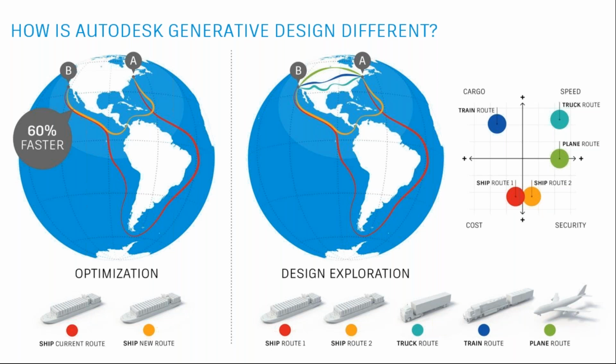So in terms of transportation, that would be the same as including, for instance, a truck route, a train route, and a plane route. So what you see there on the graph towards the right-hand corner is that each one of these different methods is going to have different costs associated with them. They have different security associated with them, how much cargo they can carry, and the speed with which they do it.